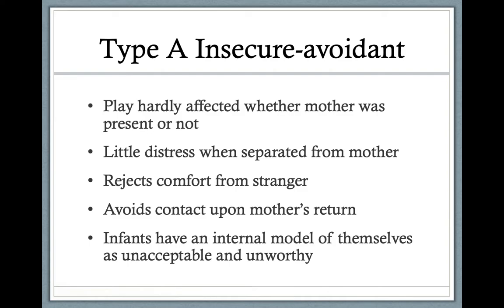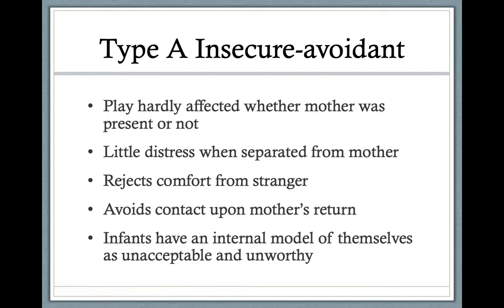So not too much separation anxiety. They were a little bit distressed when separated from the mother, but not much. When the stranger enters, they rejected comfort from the stranger, so they didn't really want to talk to the stranger or interact with the stranger.